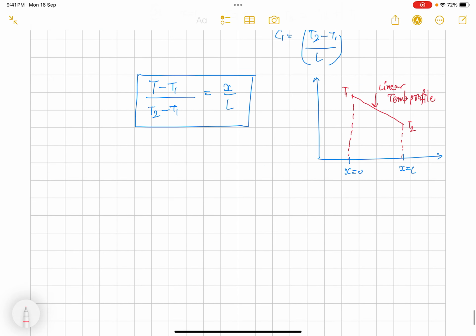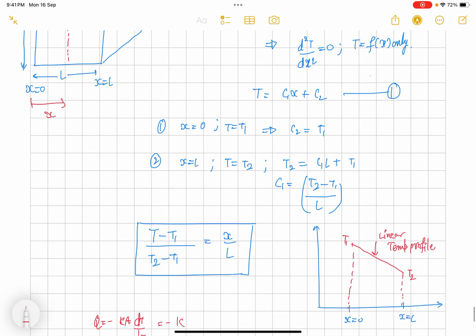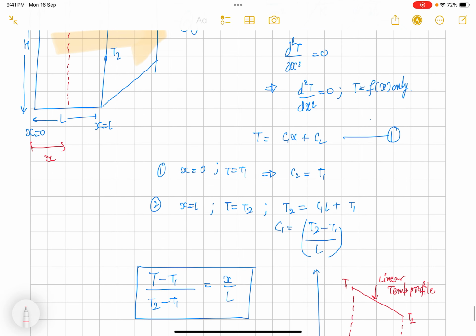Writing Q as minus KA dT by dx, we know that if we integrate it once, we get dT by dx as C1.